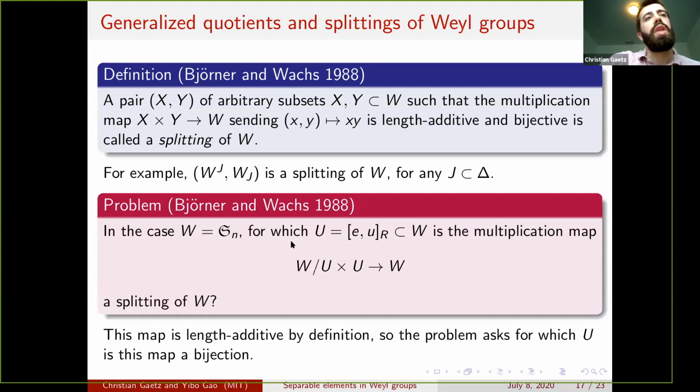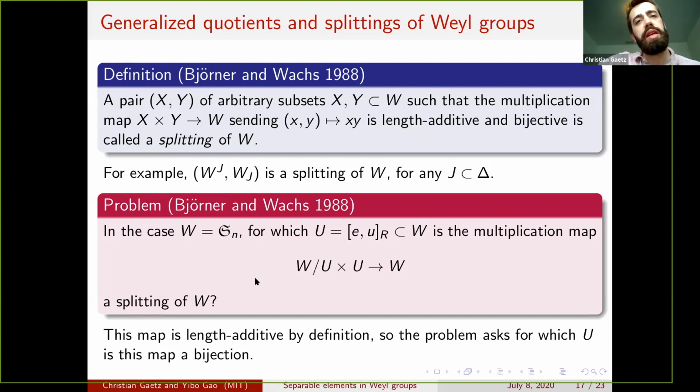Any pair of subsets X and Y of W, such that the multiplication map, which just multiplies an element of X by an element of Y, is length additive, that is, the length of a product is the sum of the lengths, and is a bijection, is called a splitting of W. For example, I referred earlier to the fact that a parabolic quotient times a parabolic subgroup gives me a splitting.